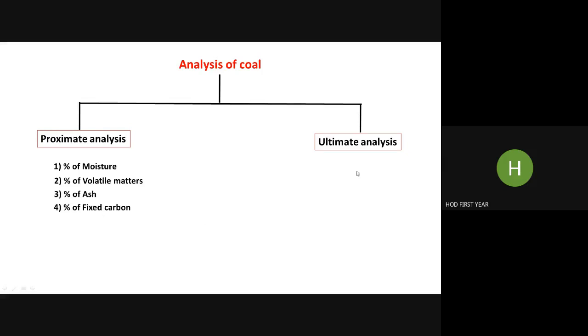In case of ultimate analysis, we will try to understand how to estimate micro elements present in coal, which are very important for us, which are contributing towards calorific value.